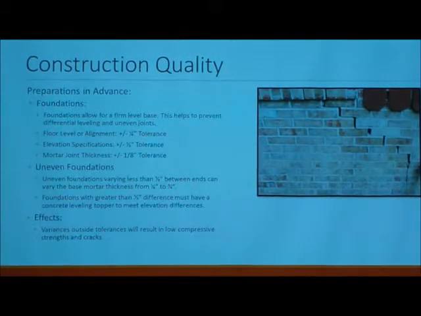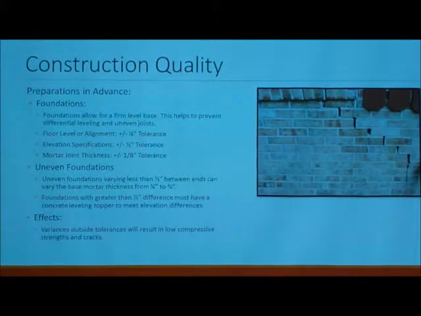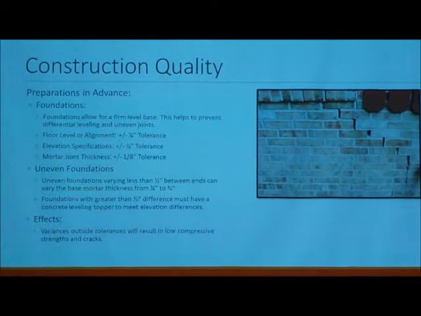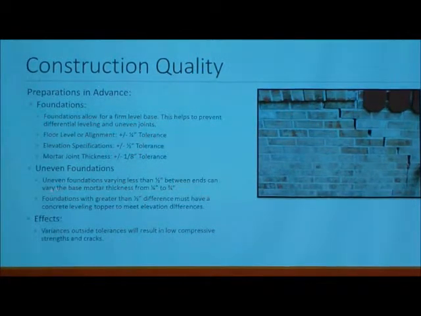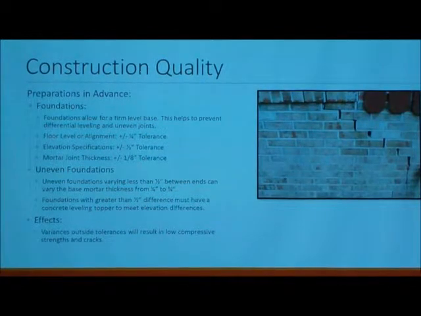There's a 1/4 inch tolerance. If its elevation difference from one end to the other is greater than 1/2 inch, you end up having to put a mortar base down to level it. And so this explains the steps that are taken if you have an uneven foundation.